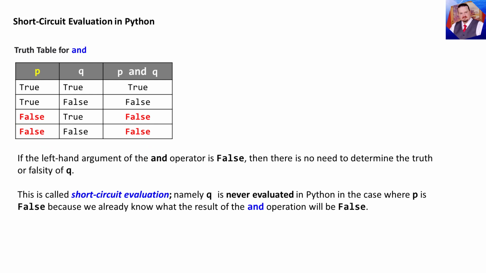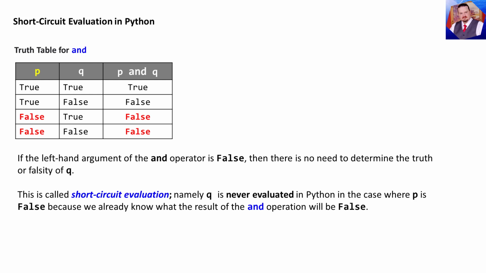What short circuit evaluation says is, if the left-hand argument of the AND operator is false, and that's P in this case, then there's no need to determine the truth or falsity of Q, because we know the result of the AND statement will be false. That's what I'm indicating in this table. This is really what short circuit evaluation is about. Q is never evaluated in the case that P is false. Why does this matter? Outside of simply knowing this fact, well, that's what we're here to see today.